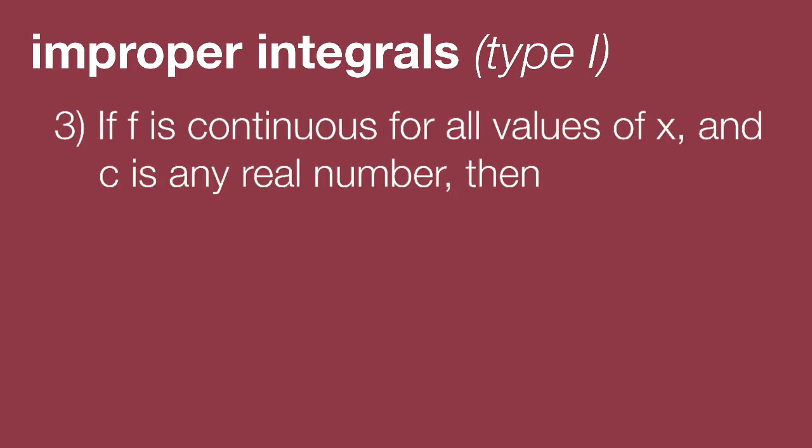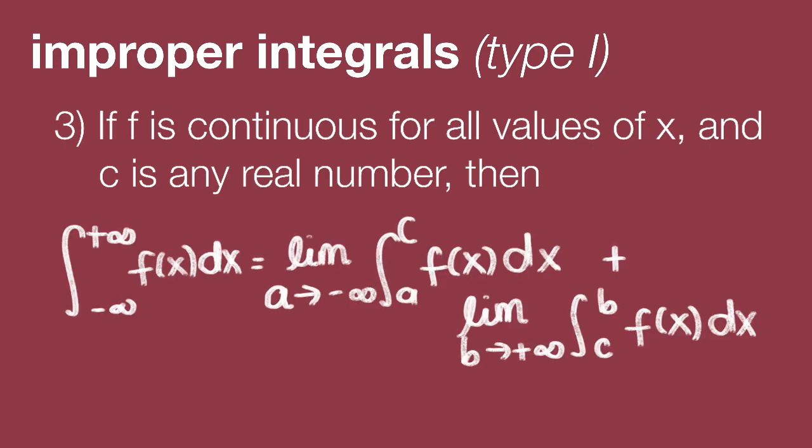And then lastly, if f is continuous for all values of x and c is any real number, then yung integral ng f over negative infinity to positive infinity, ang gagawin nyo muna is hahatiin nyo yung integral. So, gagawin nyo siyang integral ng f from negative infinity to any real number c plus yung integral ng c to positive infinity ng f.